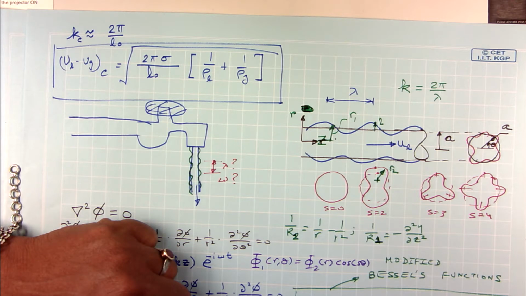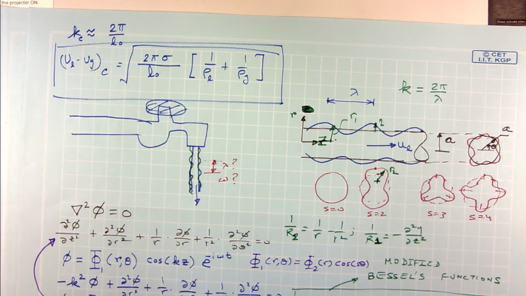And so, if you substitute all these equations, you end up with a dispersion relationship, and the dispersion relationship looks something like this. Okay, let me write it out.